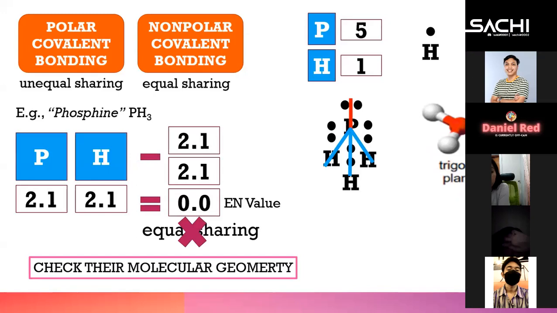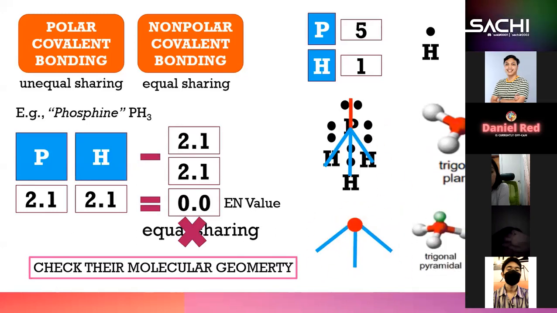If we draw the lines of this particular molecule, it will look like this one. The red one is the phosphorus, and the blue line is the hydrogen. This symbol is somewhat similar to this one. This shape is what we call the trigonal pyramidal.